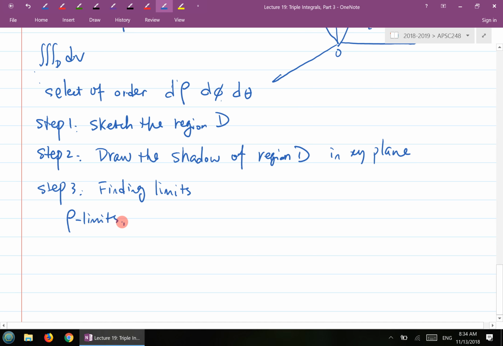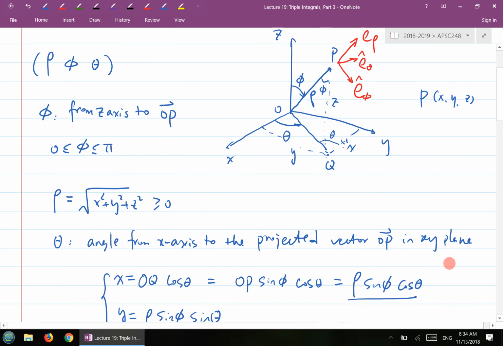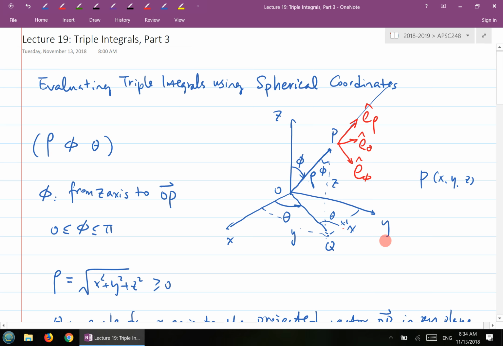Finding rho limits is about scanning in the rho axis direction. What is the rho axis direction? Remember the coordinates since I drew them here, the rho axis direction is this direction. So you scan in this direction first. Let's come back here.